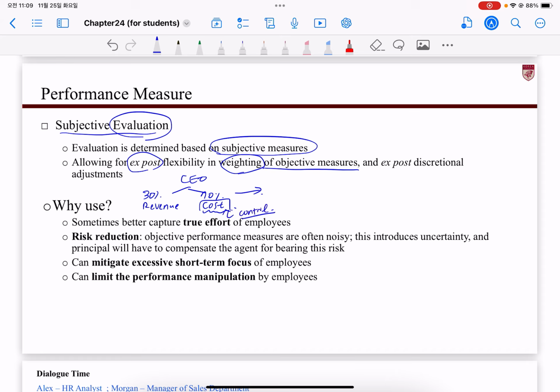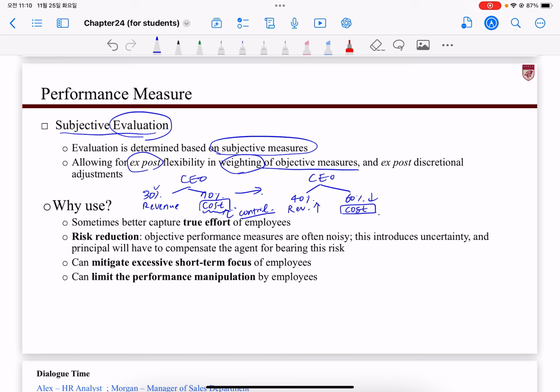If that's the case, the board of directors may come up with the decision, say, okay, instead of having the weighting of 30 to 70%, how about we do 40% to 60%? The reason being, there are many portions of the cost side that are not controllable. Therefore, let's put less weight on cost and more weight on revenue.